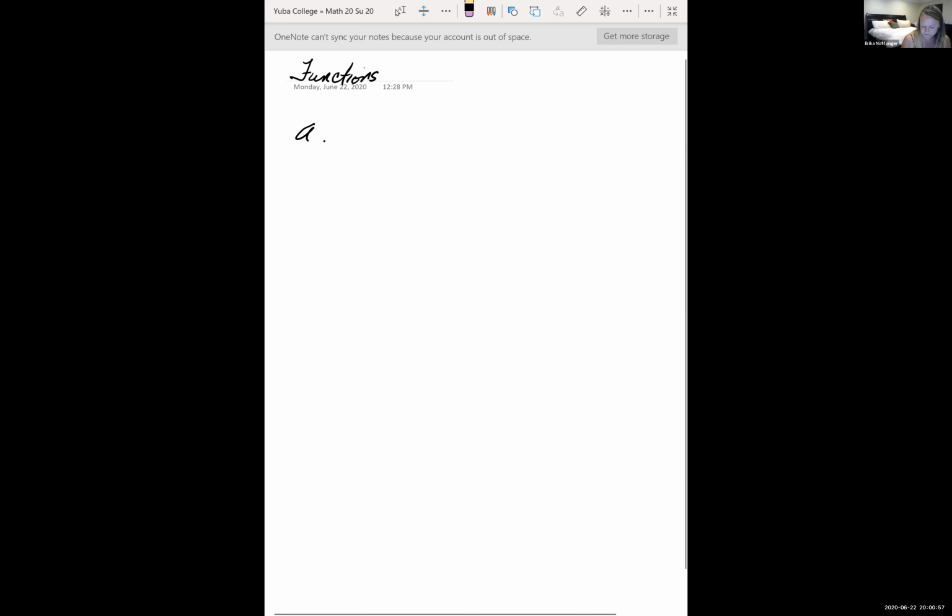So a relation is a correspondence between two sets. And so the first set are usually x values. Sometimes we use different variables.